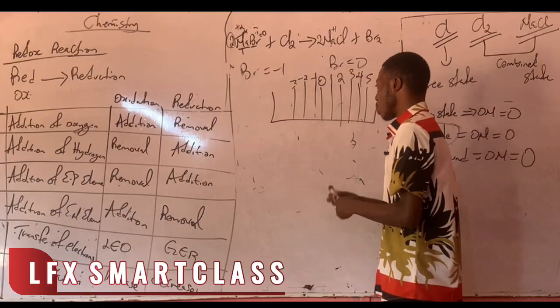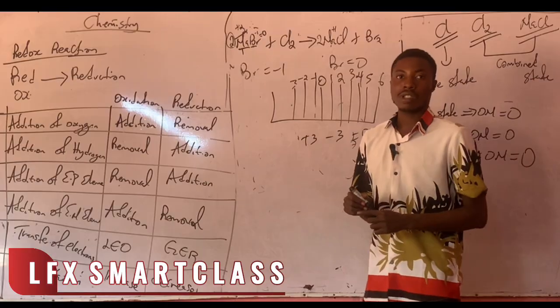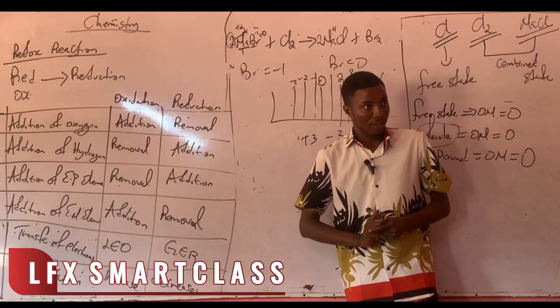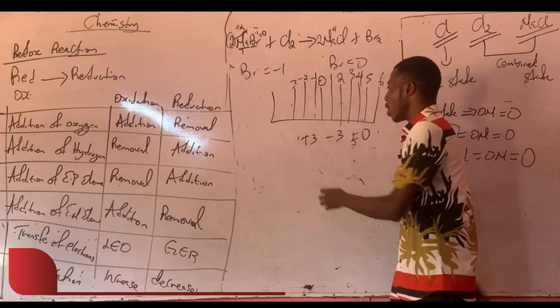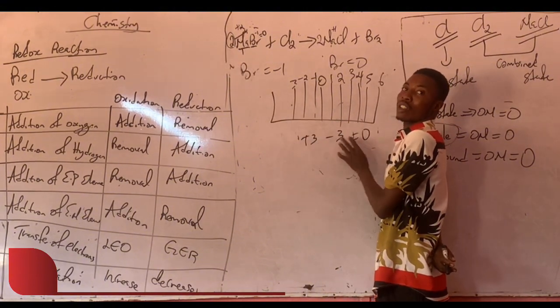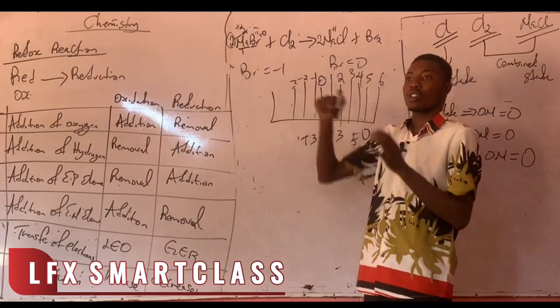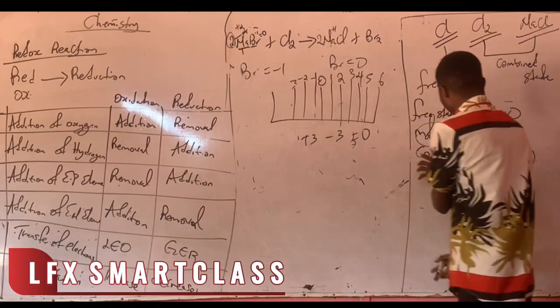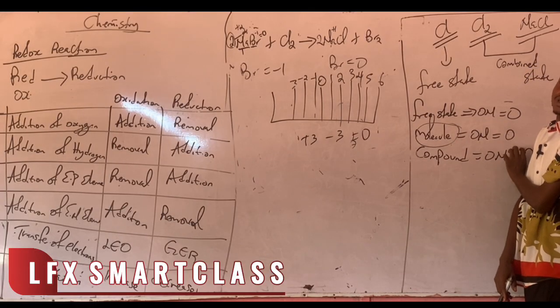If the metal was plus 3, just add minus 3. It must equal 0. Sometimes if you don't know the charge of the other one, if the other one was plus 3, just add minus 3 to it, it is going to be equal to 0. If this one was plus 1, add minus 1, it is going to be equal to 0. Keep in mind that your compound's oxidation number will always be equal to 0.